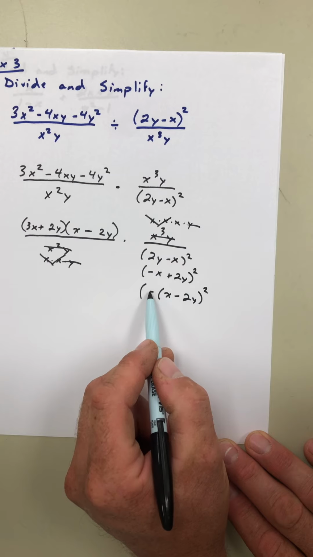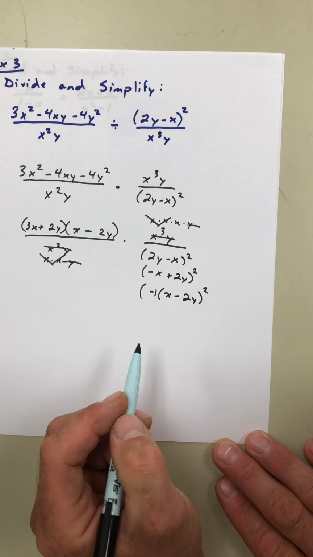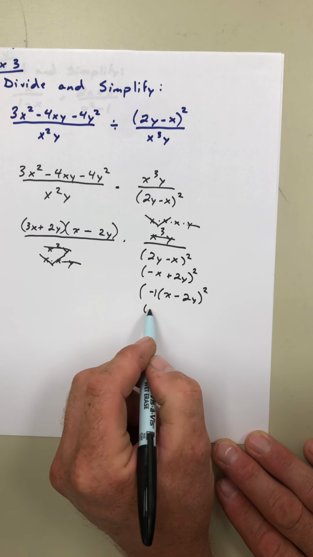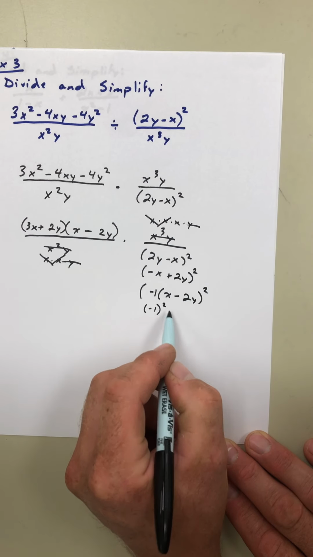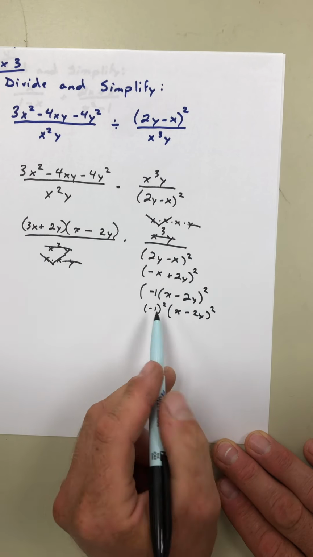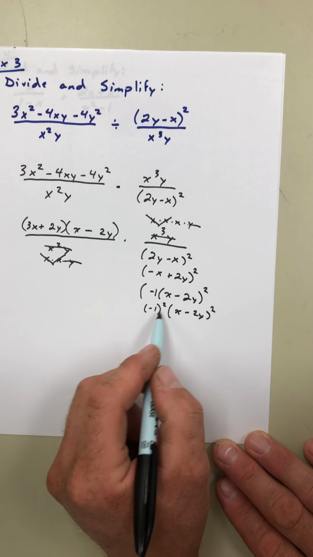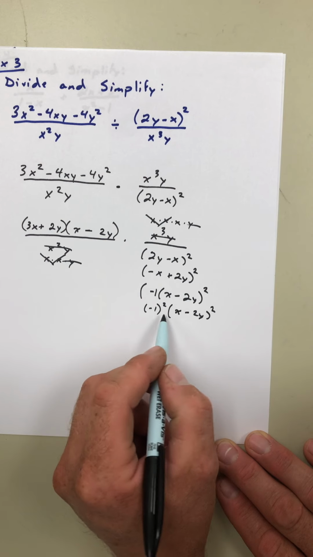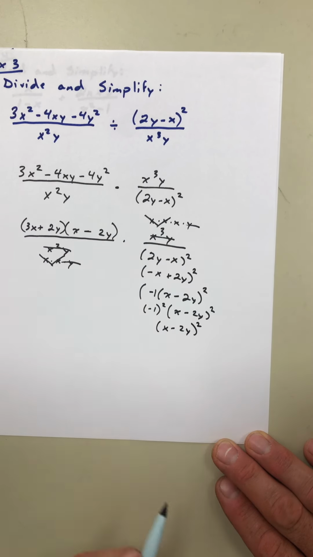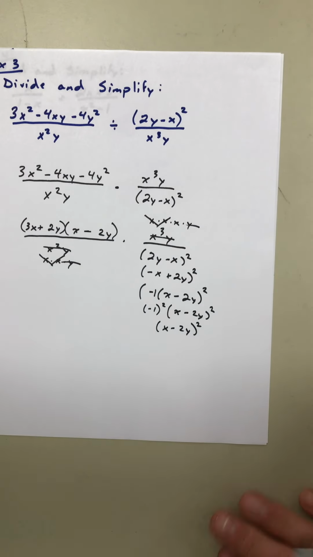In order to take this negative out, remember that's a negative 1. We're going to square each of these in here. So I'm going to break this into negative 1 squared times x minus 2y squared. Negative 1 squared is 1, and 1 times anything is itself. So essentially, we have x minus 2y quantity squared in our denominator.